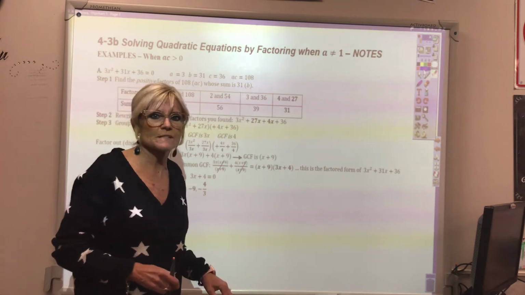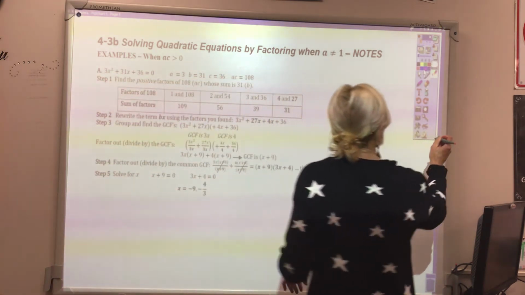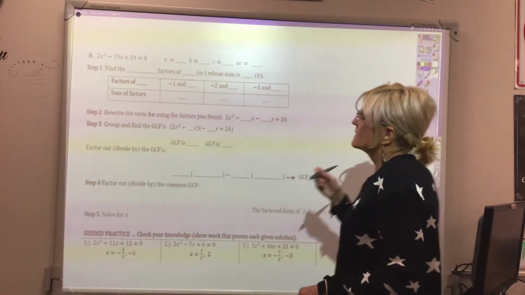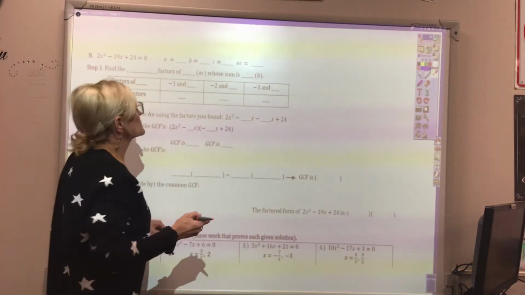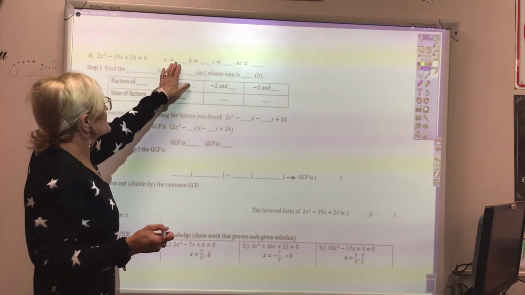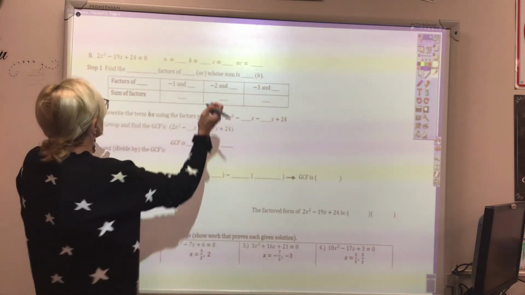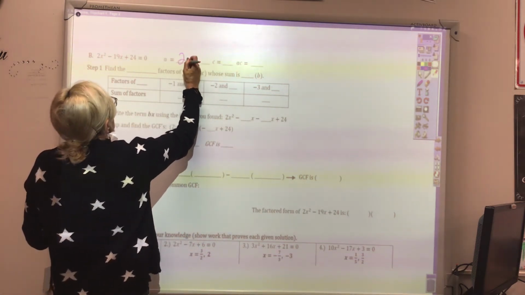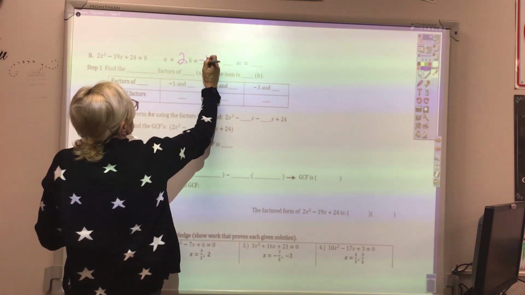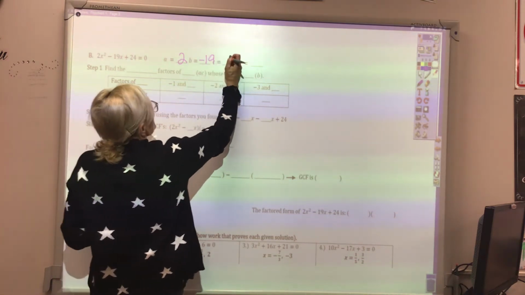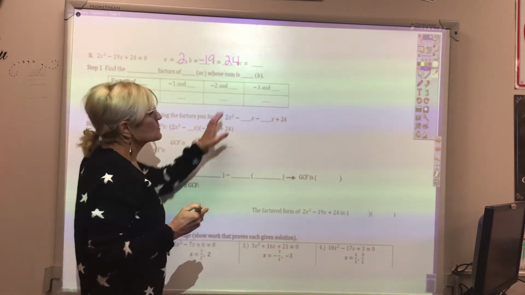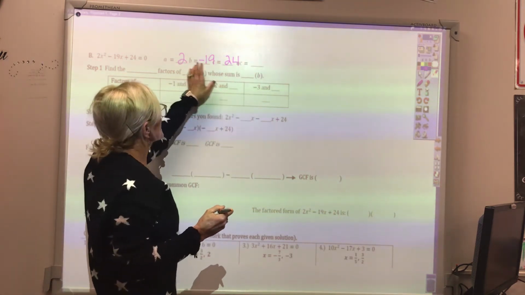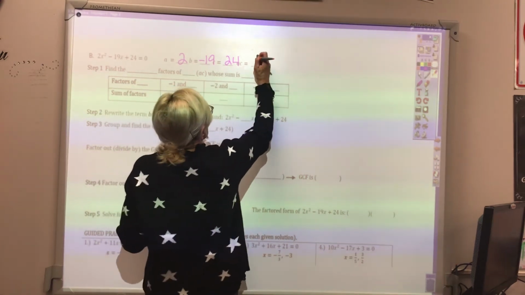So we'll start with example B. What we do first, just like we did before, is we label our A, our B, and our C. A is 2, B is negative 19, and C is 24. Again, we multiply A and C, so 2 times 24 gives us 48.